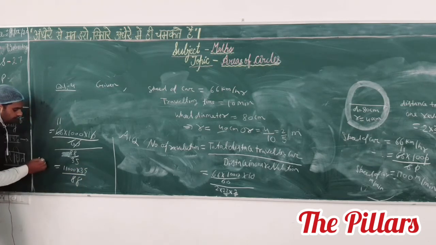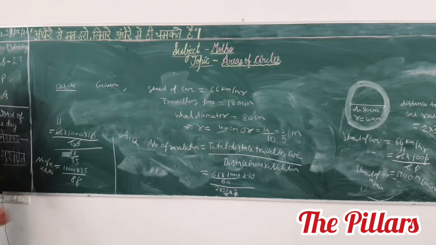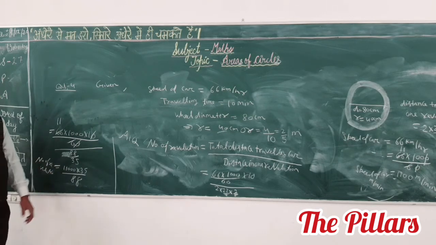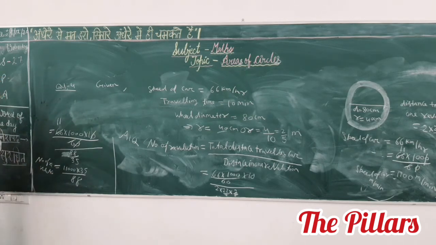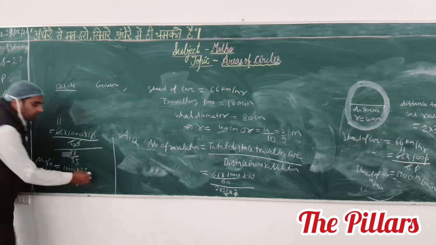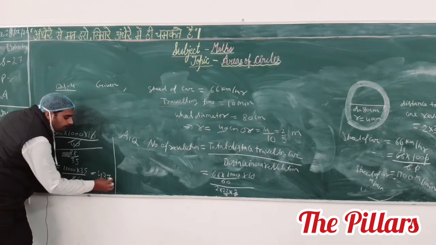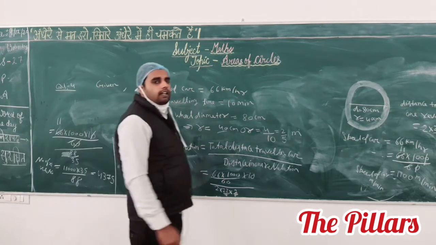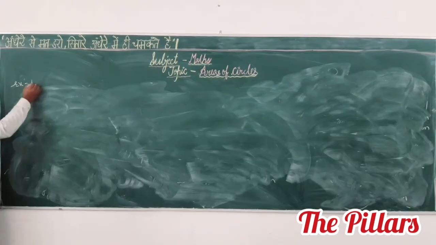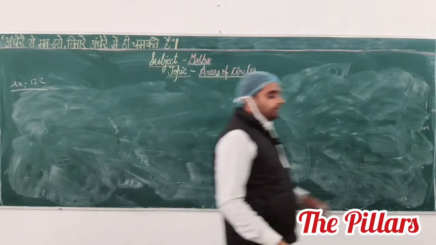This is the number of revolutions. Calculate this value: 1000 into 35 divided by 88 is 4,375. The number of revolutions is 4,375.